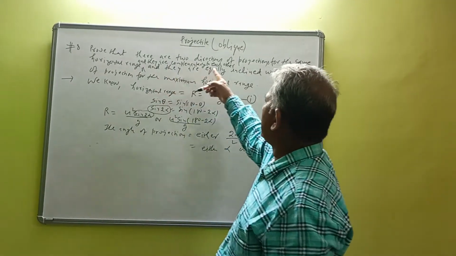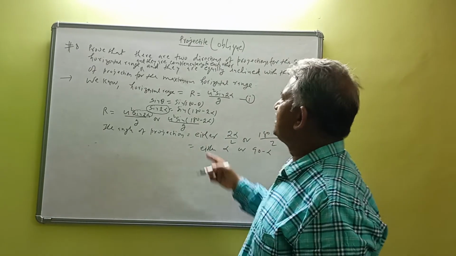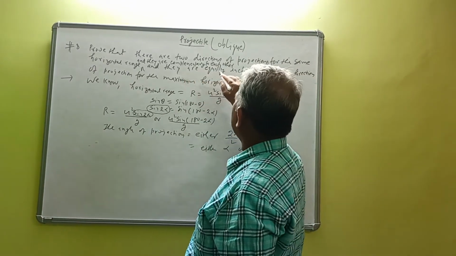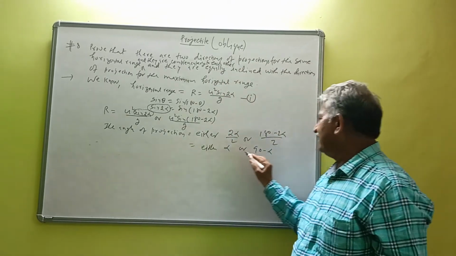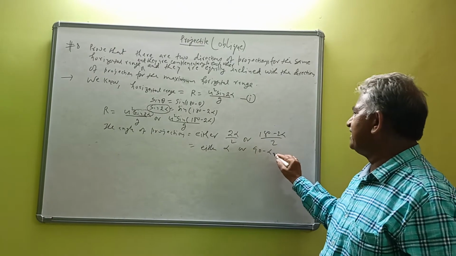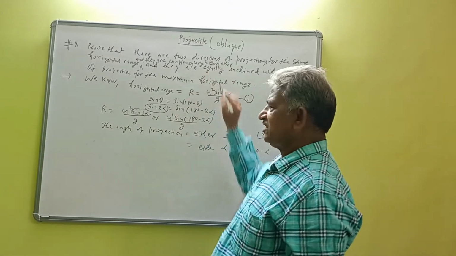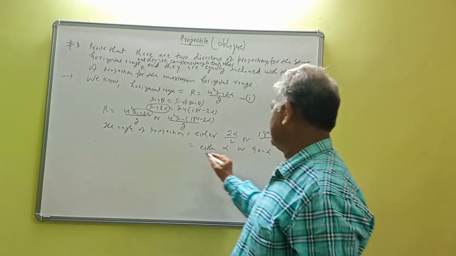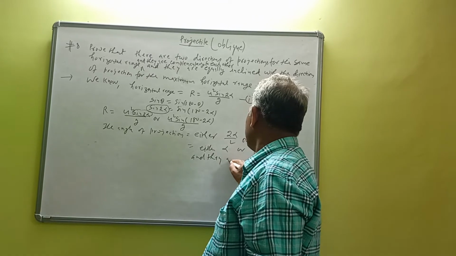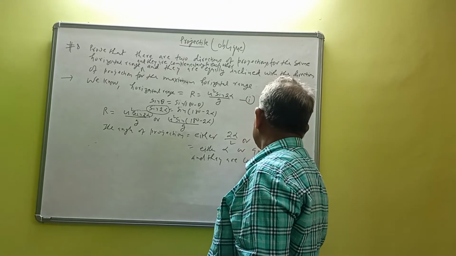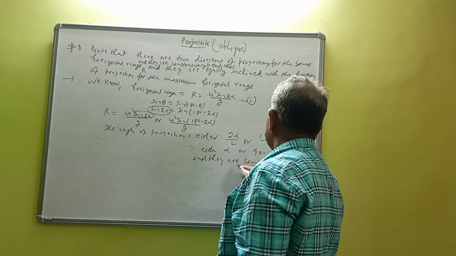Prove that there are two directions of projection for the same horizontal range and they are complementary to each other. It means if one angle is theta, then another angle is 90 minus theta. So there are two directions of projection and they are complementary to each other.